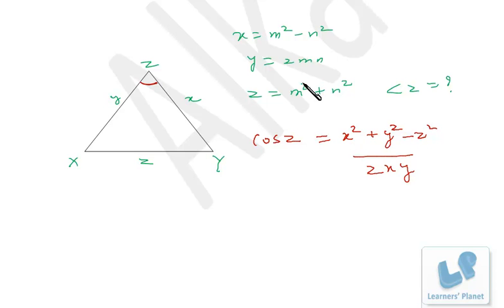Okay, now I put in the values. x square is m4 plus n4 plus 2 m square n square, and y square is 4 m square n square. You can visualize the same, or if you wish you can write it also.